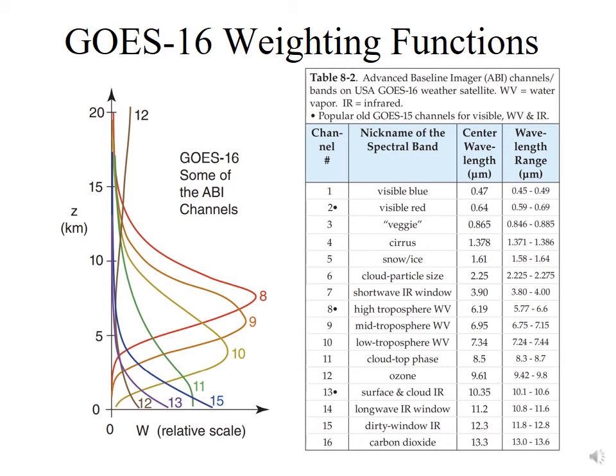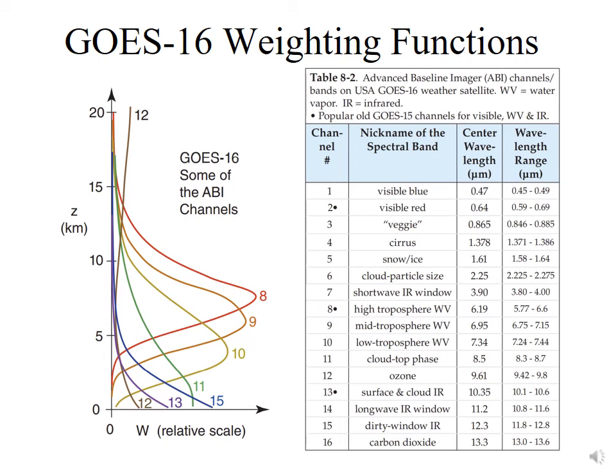Channel 9 has a similar shape, but instead of having a peak in the weighting function at 7 or 8 kilometers, it has a peak at about 6 kilometers. It's also sensitive to water vapor in the atmosphere, and we refer to channel 9 as the mid-tropospheric water vapor channel.